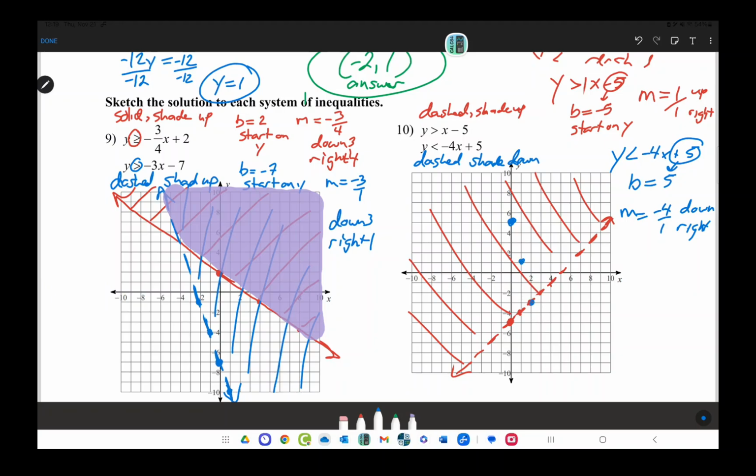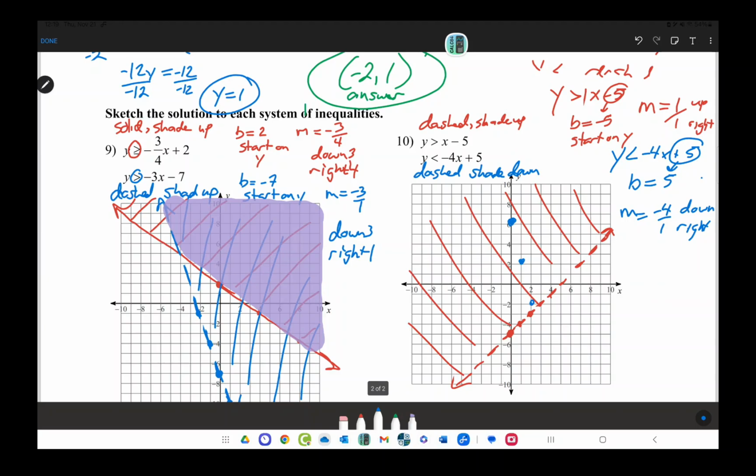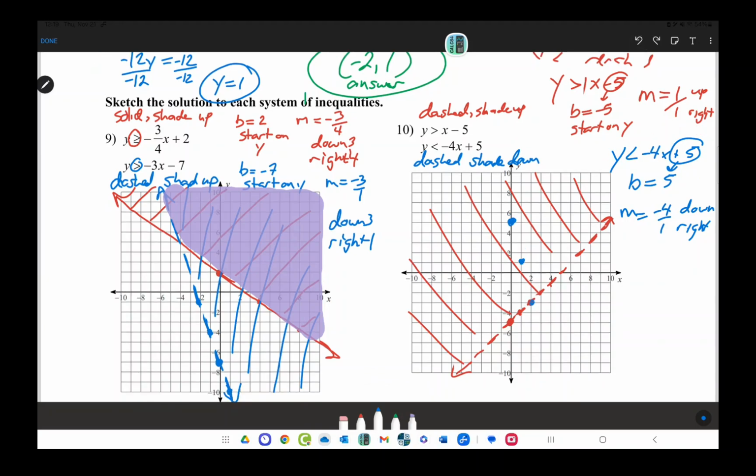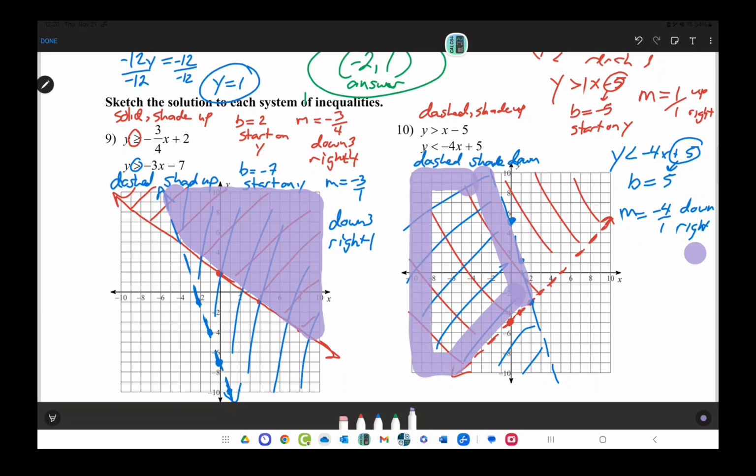Again, we don't need any points. It is dashed. We're shading down.